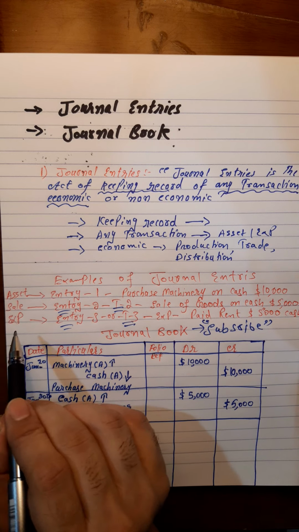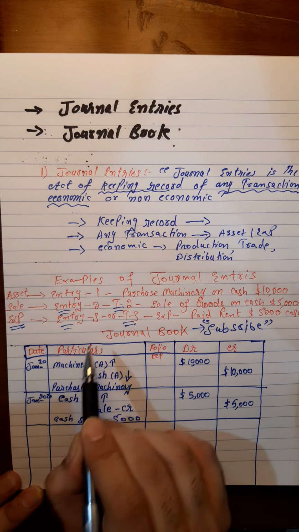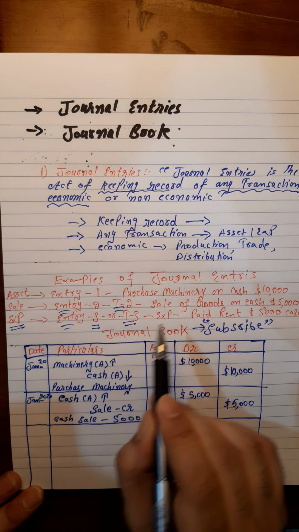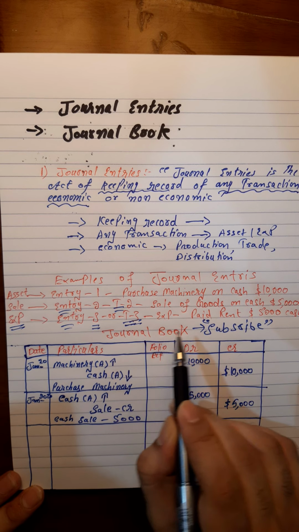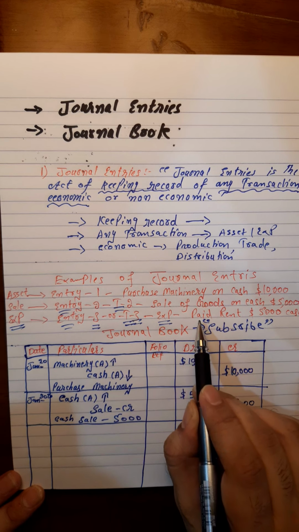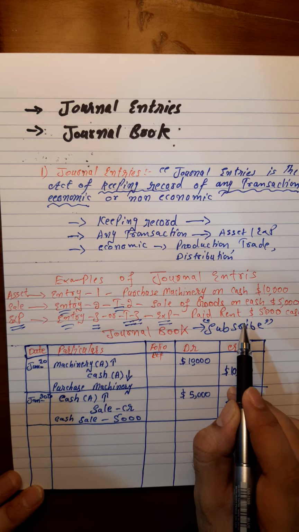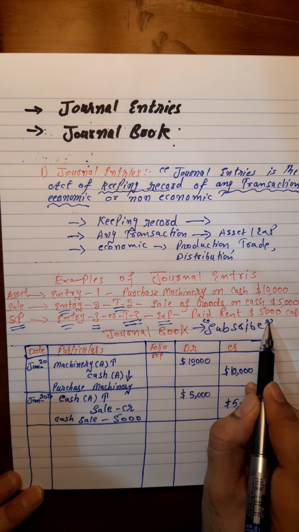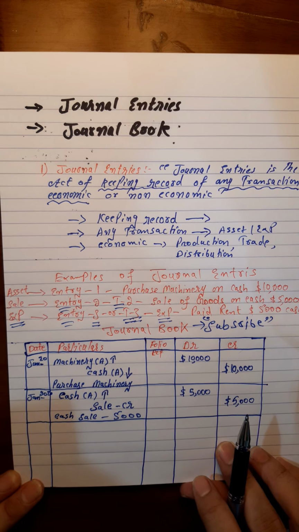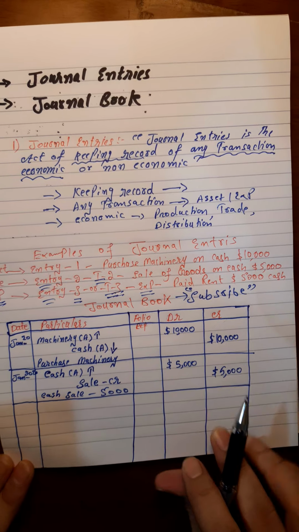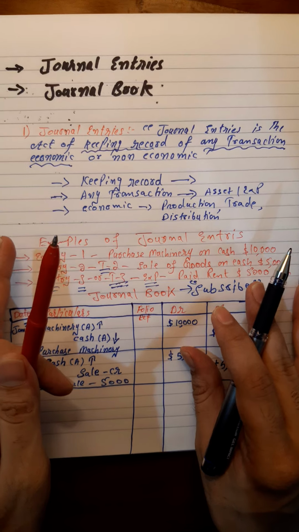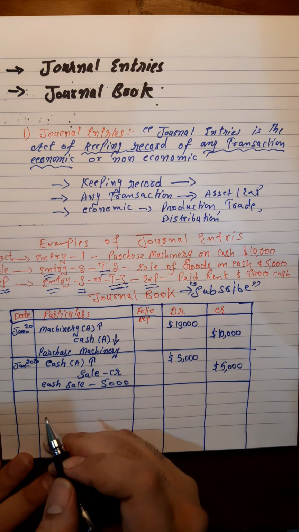We go to our third entry, expense. Entry number 3, transaction number 3, expense entry. Paid rent 5,000. Okay friends, I show you this entry. Paid rent.